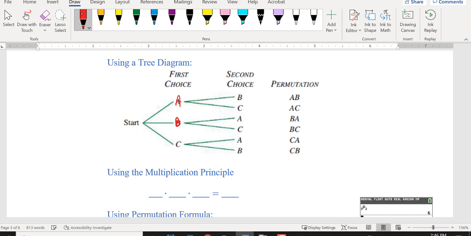You could choose A, you could choose B, or you could choose C. Now, on your second choice, if you chose A, you could either choose B or C. If you chose B first, you'd be left with either A or C. And with C first, you could pick A or B. So the different permutations: you could do A and then B, A and then C, B and then A, B and then C, C and then A, and last but not least, C and then B. So how many different permutations are there? 1, 2, 3, 4, 5, there's 6.